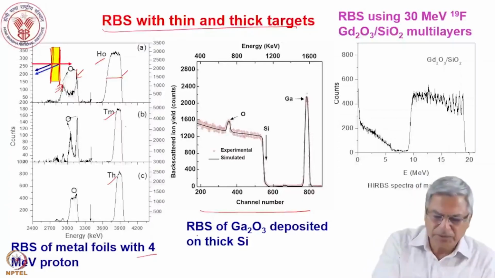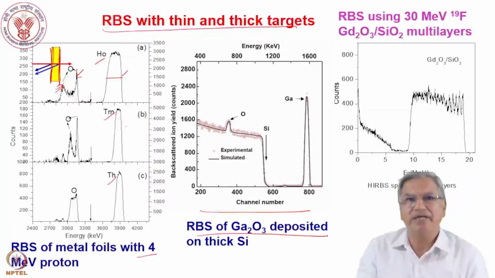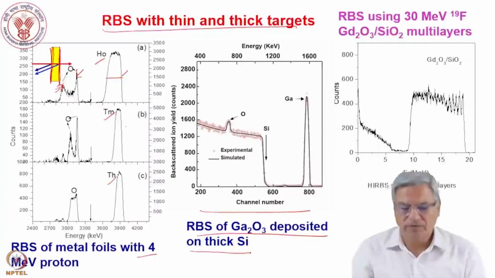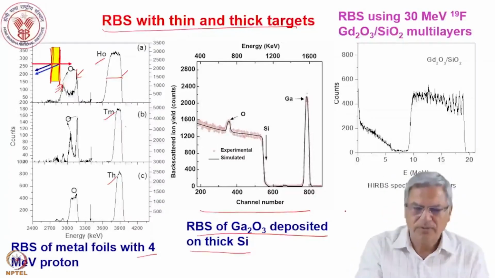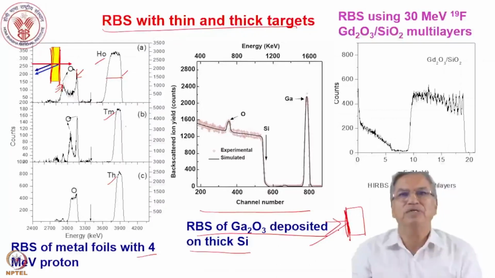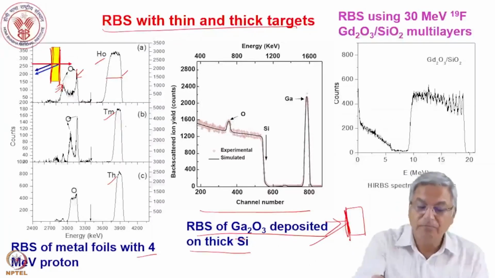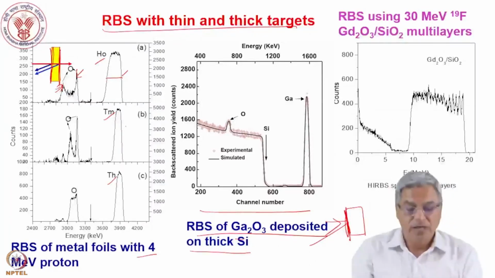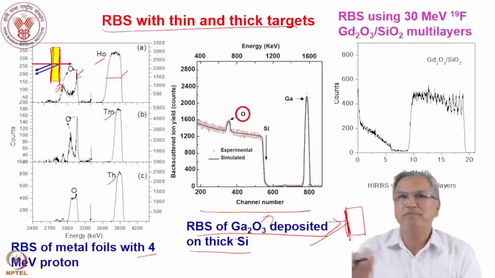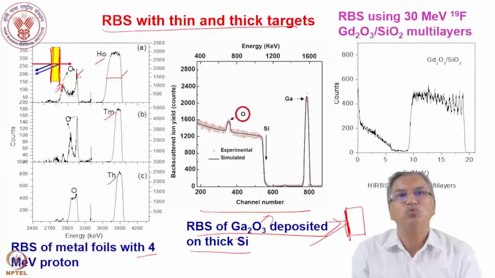So this is an RBS spectrum of gallium oxide deposited on a thick silicon foil. On the surface, suppose you have the silicon foil and the gallium oxide on the surface, and you see the backscattering. The gallium peak will come at much higher energy, but the oxygen will be at much lower energy, because the kinematics depend upon M2.